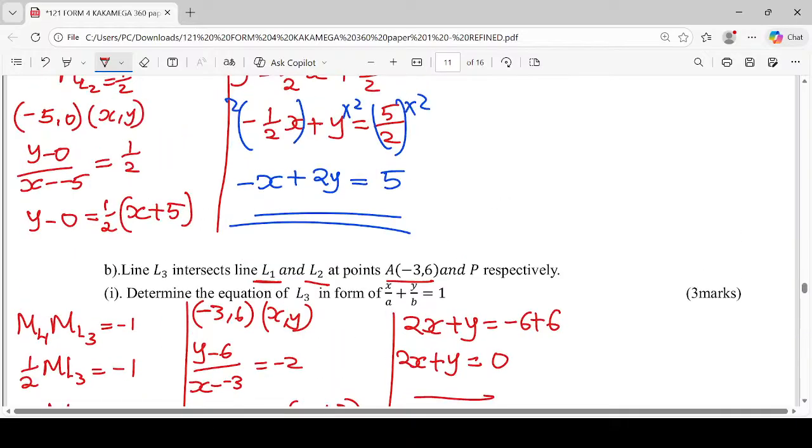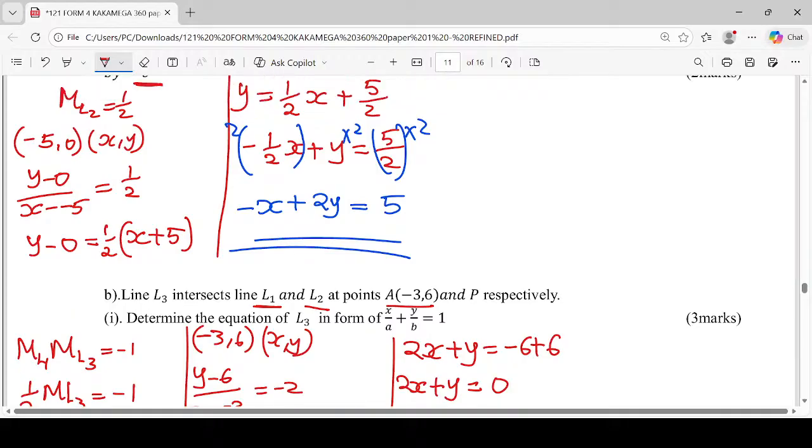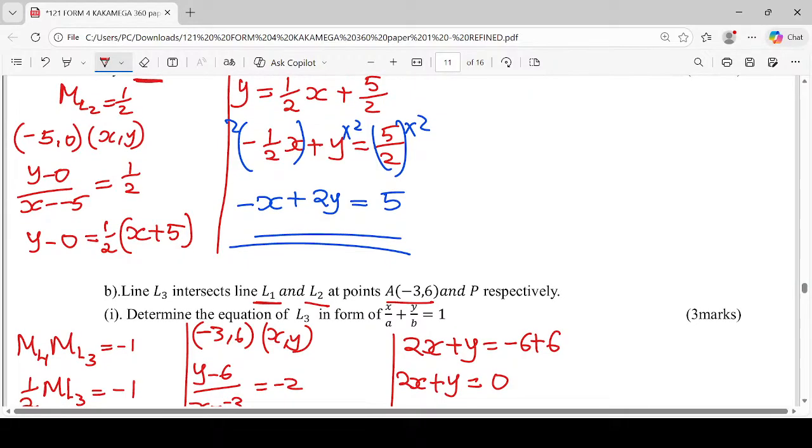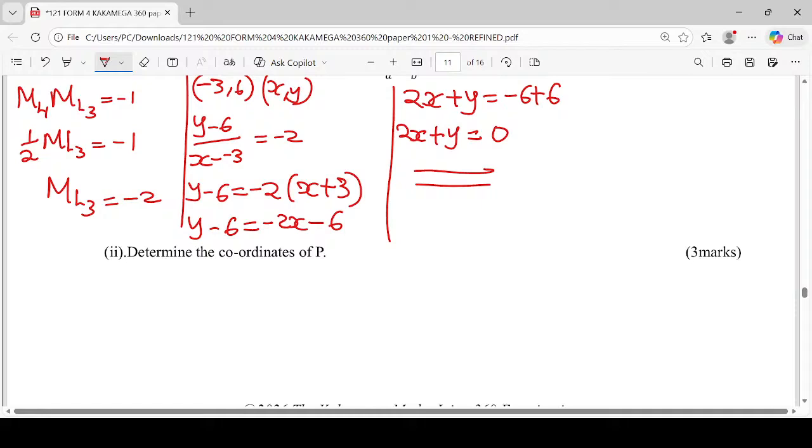We can take the equation of L2, that is -x plus 2y is equal to 5. Then this is 2x plus y is equal to 0.